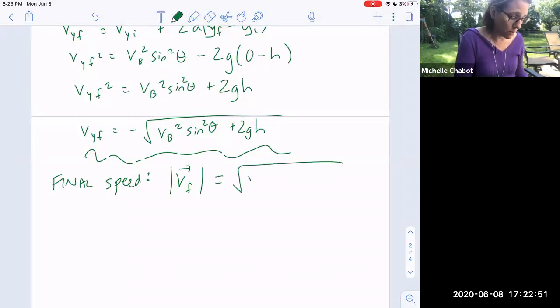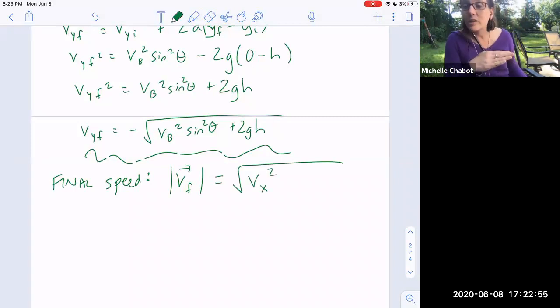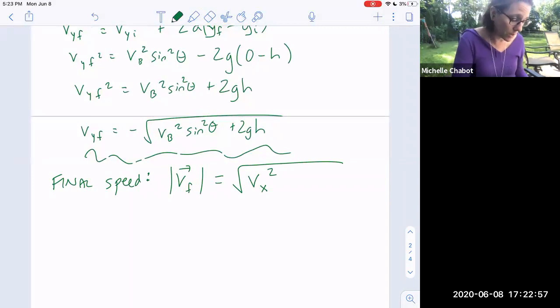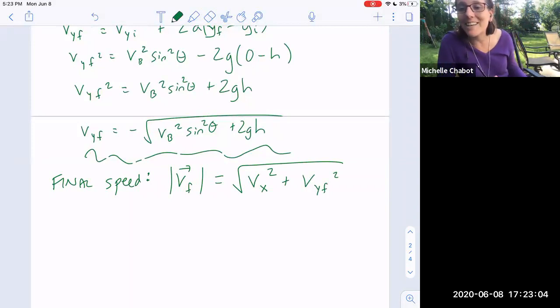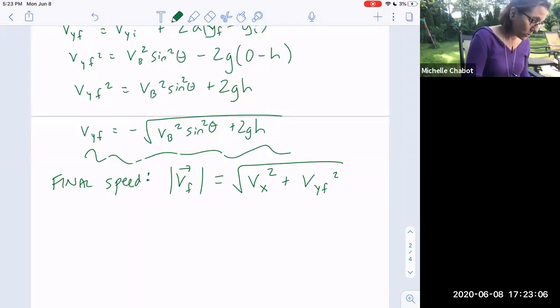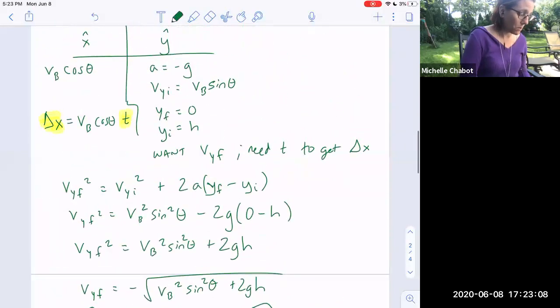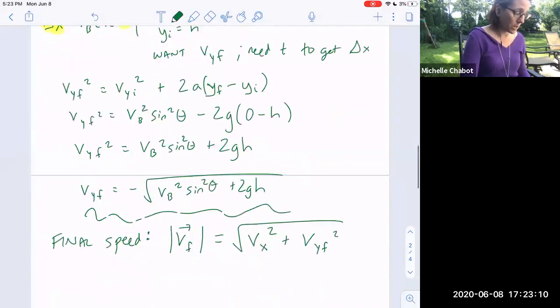It has to be the square root of Vx squared. Vx final is Vx initial is Vx, so Vx squared, plus Vy final squared. So this is going to again look messy, and that's okay. So the final speed then is going to be, remember, Vx was Vb cosine theta.